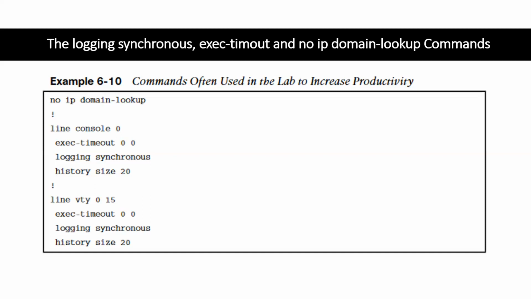Everybody's human. Everybody mistypes, or may type something wrong. Well, with the Cisco device, if you mistype something, what Cisco IOS will do is, for some reason, think you want to telnet to a host, or look up a host by that name.